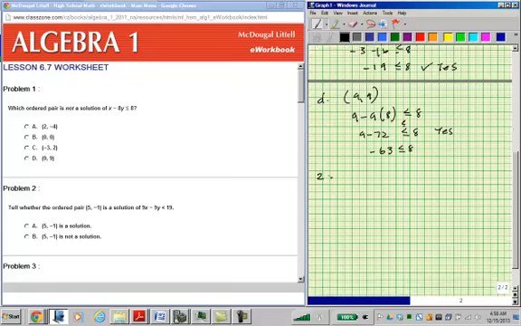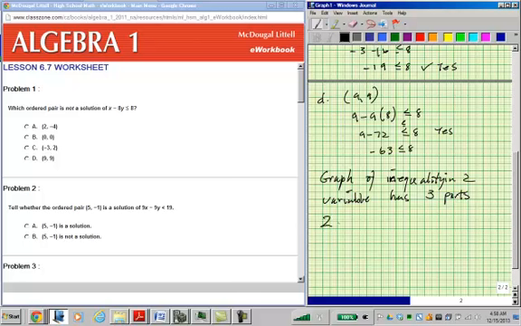Number 2, tell whether the ordered pair 5. Oh, let's graph this, by the way, since you wanted to know about graphing. Let's graph it. Okay, now we know that the graph of an inequality in 2 variables has 3 parts.